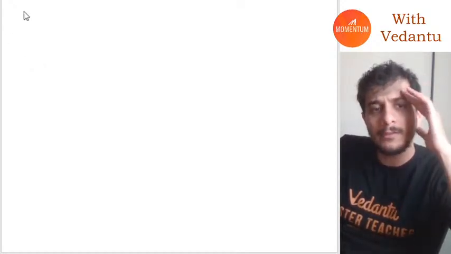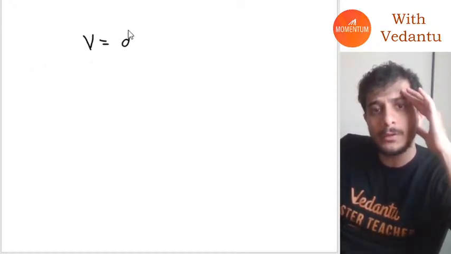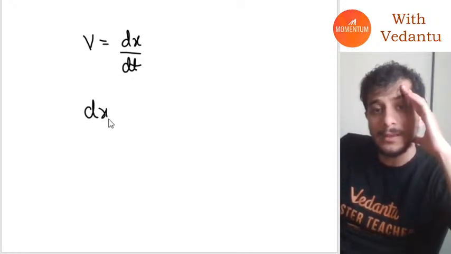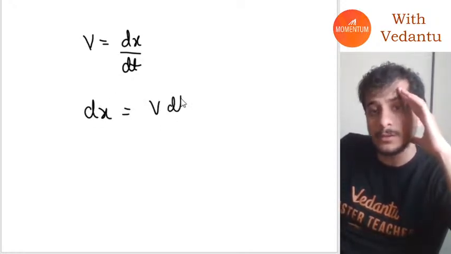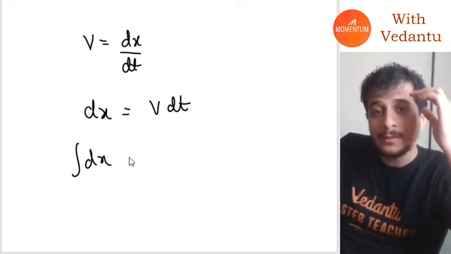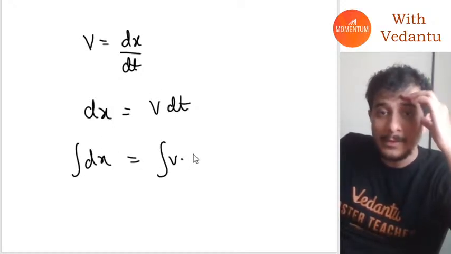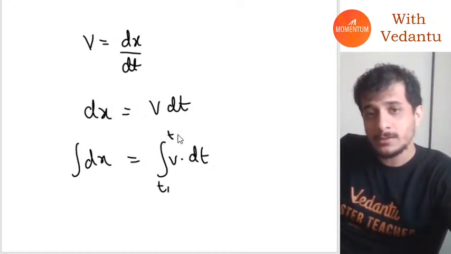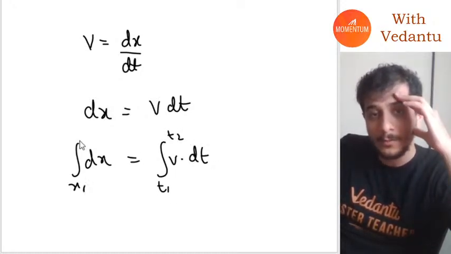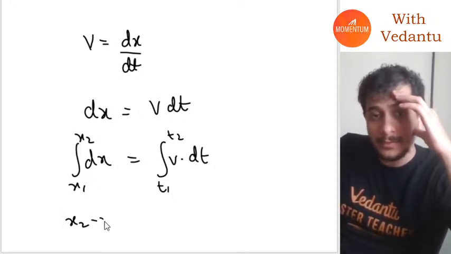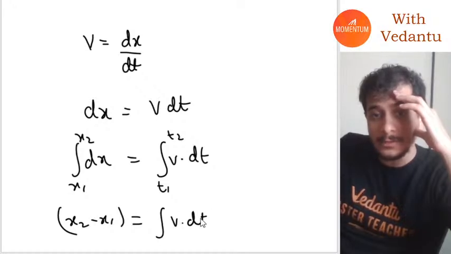If you have v is equal to dx divided by dt, from this I can write dx is equal to v into dt. If I integrate both sides, integration of dx will give me integration of v dt, from t1 to t2 and from x1 to x2. Now, integration of dx is just x2 minus x1, and this will be equal to integration of v dt.